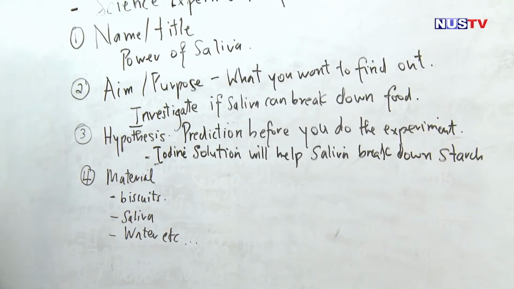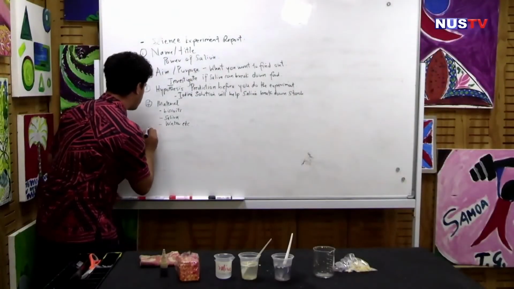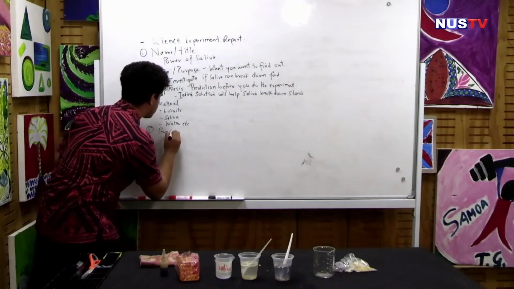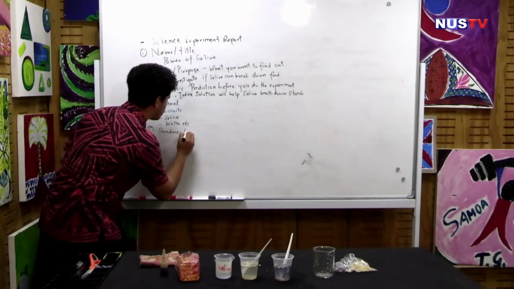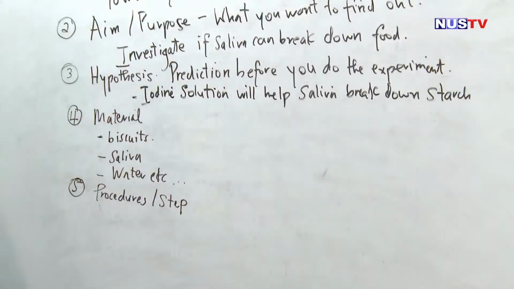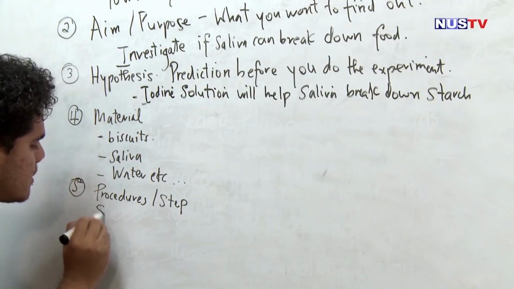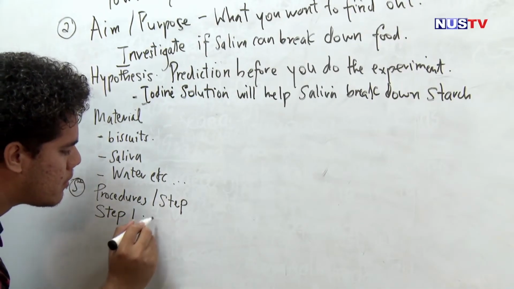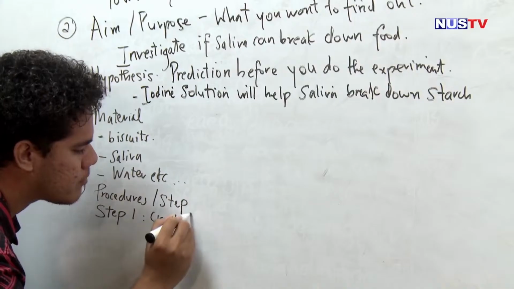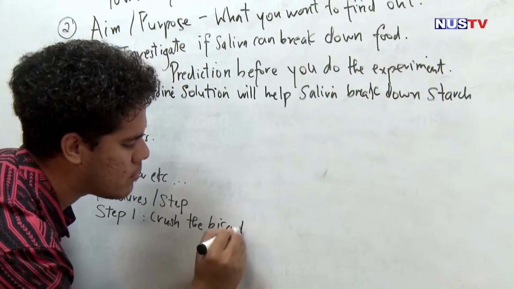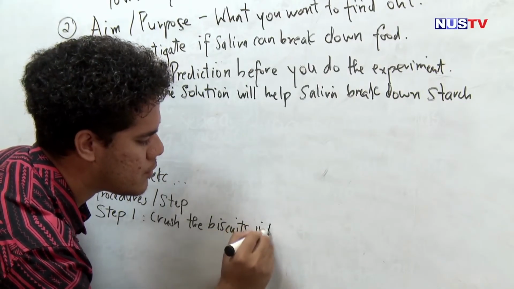Now we move on to our next step, and that would be the procedures, or we can say these are the steps in the experiment. So the steps should be like, for example, step 1, crush the biscuit into smaller pieces.